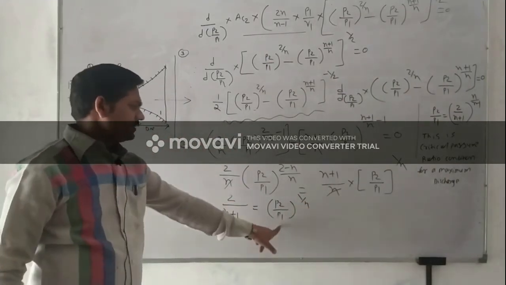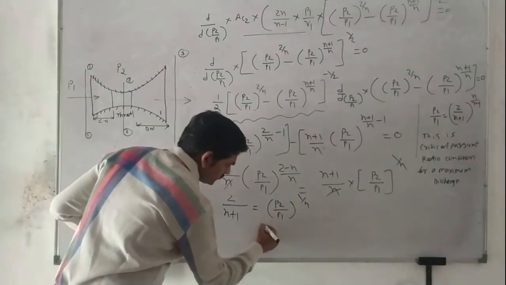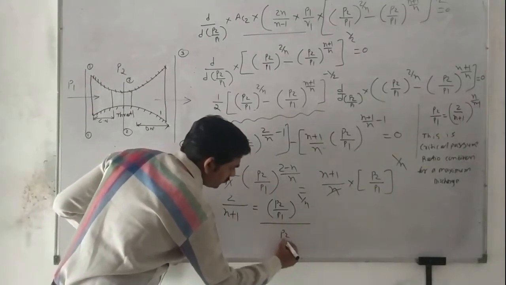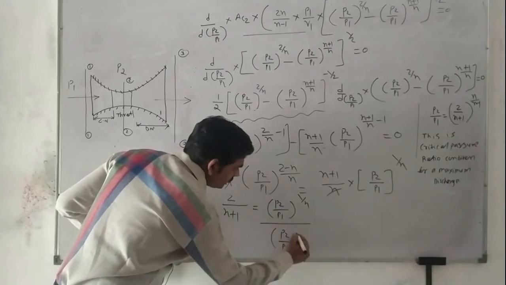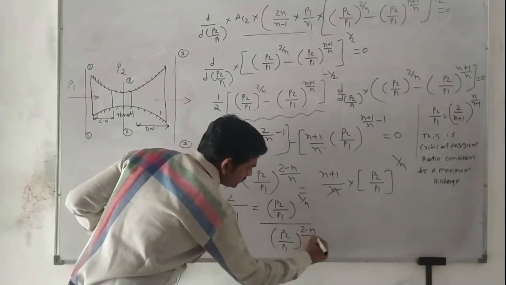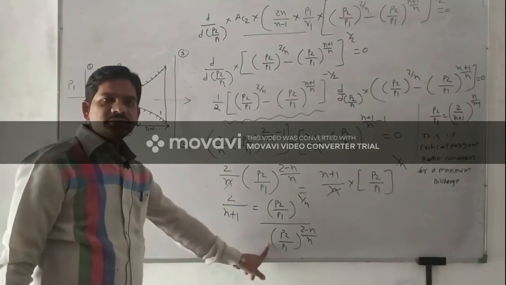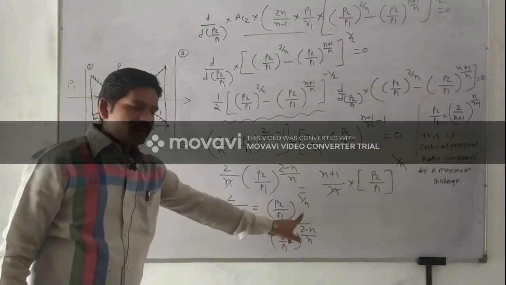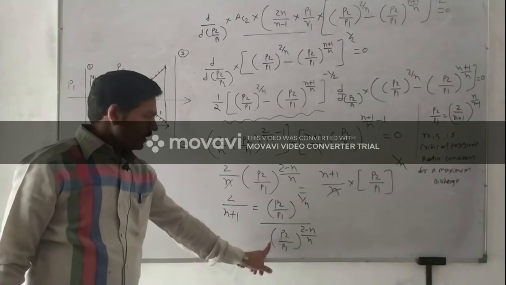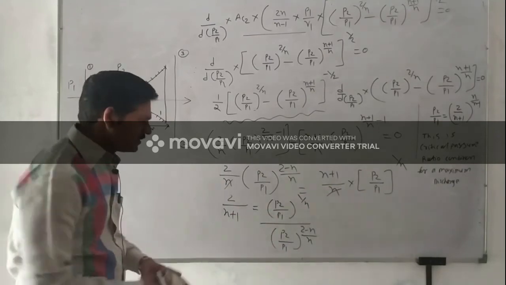Then you divide this term with here, so division gives P2 upon P1 to the power 2 minus n, correct? Then you shift this denominator into the numerator. If you shift the denominator into the numerator, it becomes minus, correct?